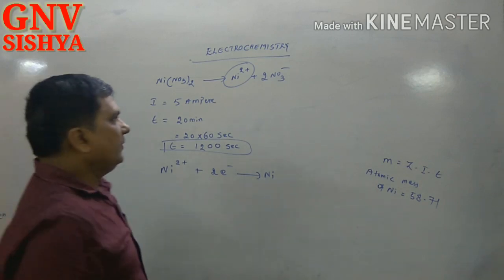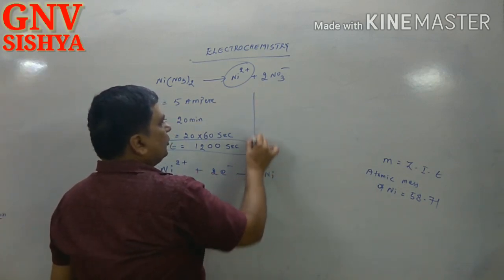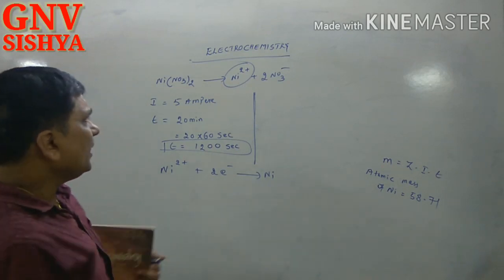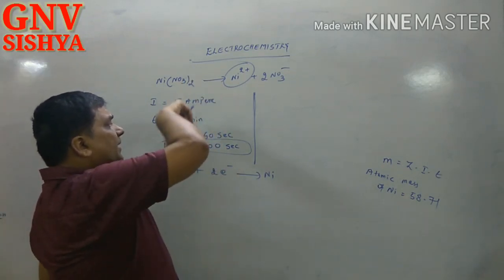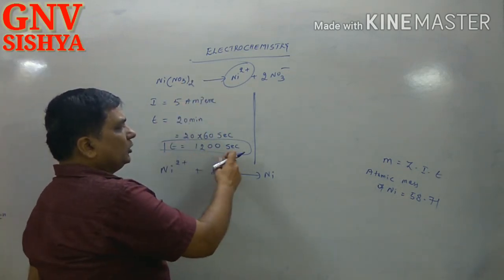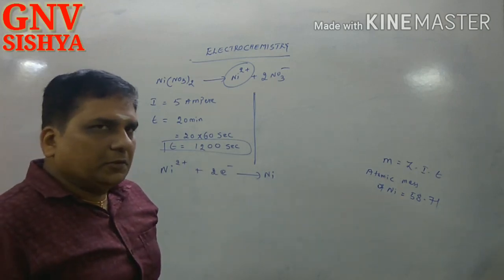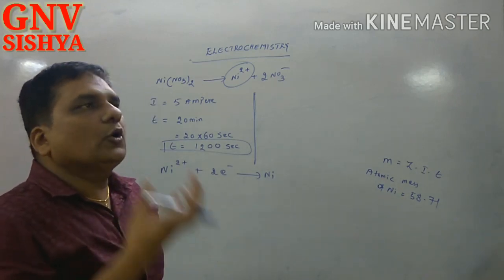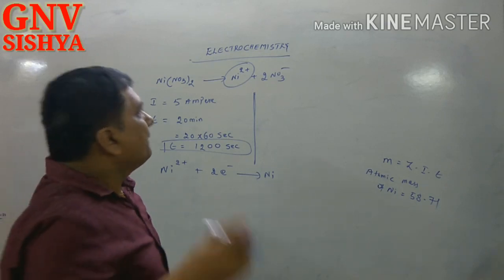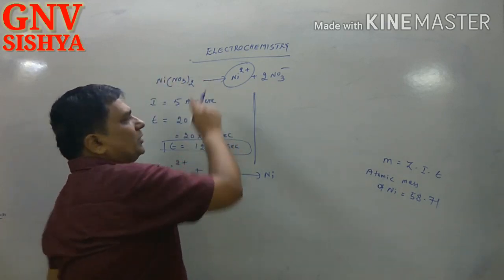Before going to this equation, 5 ampere current is passed for 1200 seconds. I would like to know the quantity of electricity passed through this solution.